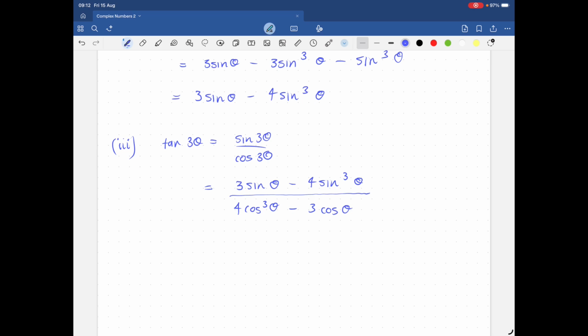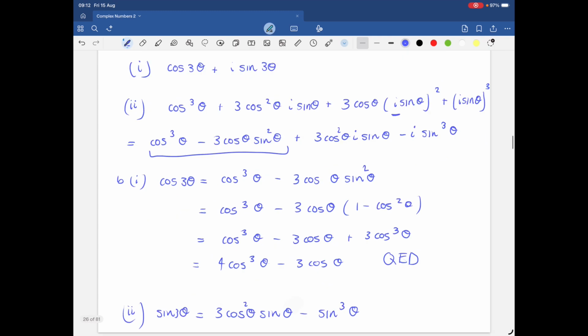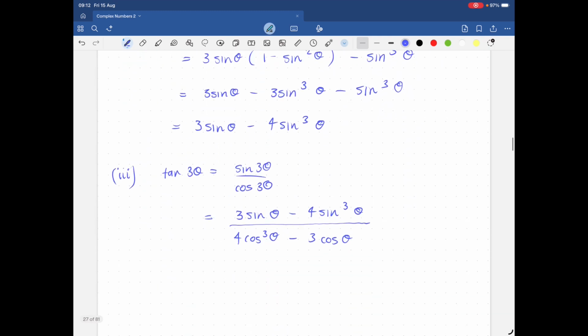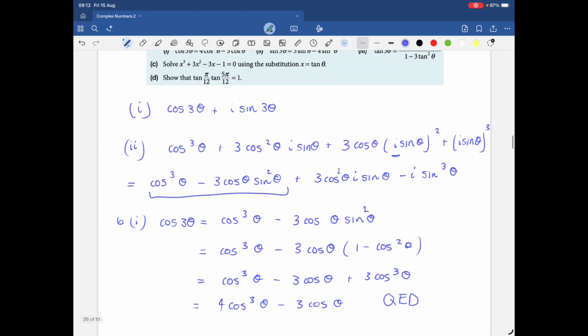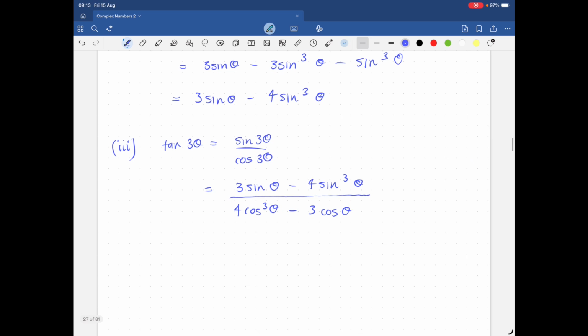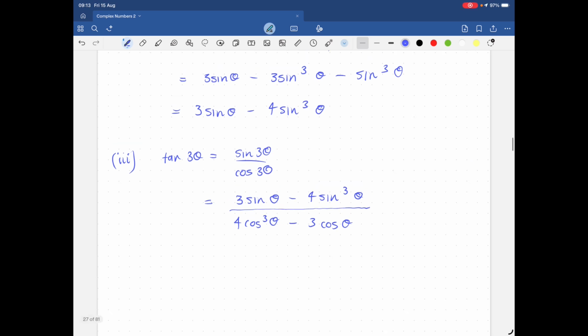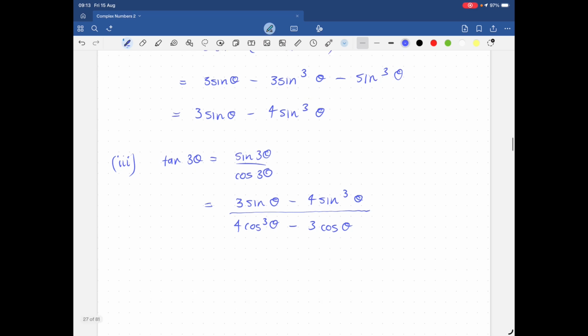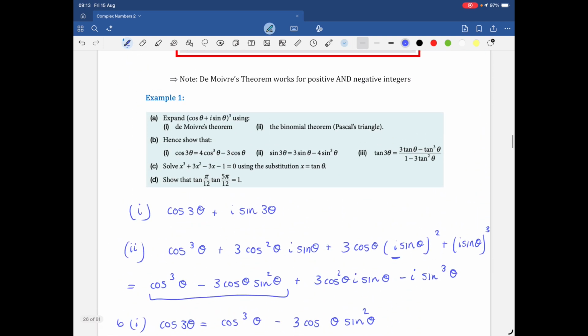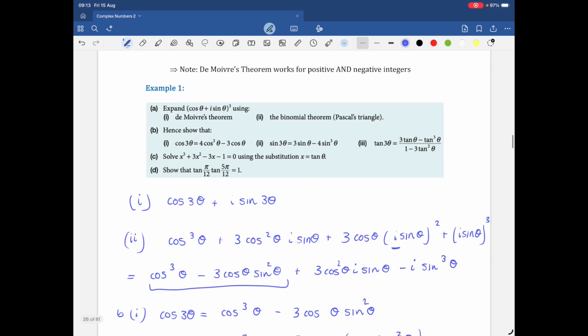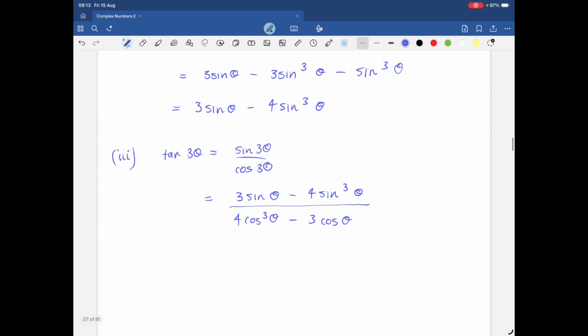Now, there's a number of different ways that we can go about doing this. A smart way could be looking at what we want on the bottom, and dividing everything by the same expression. So on the bottom we want 1 minus 3 tan squared θ. So we want to see, is there anything I can divide by to get that?